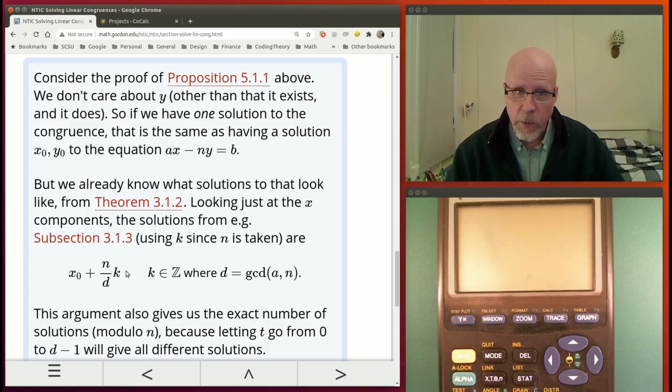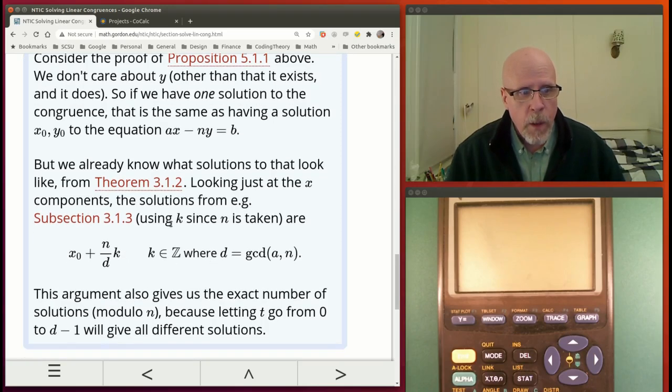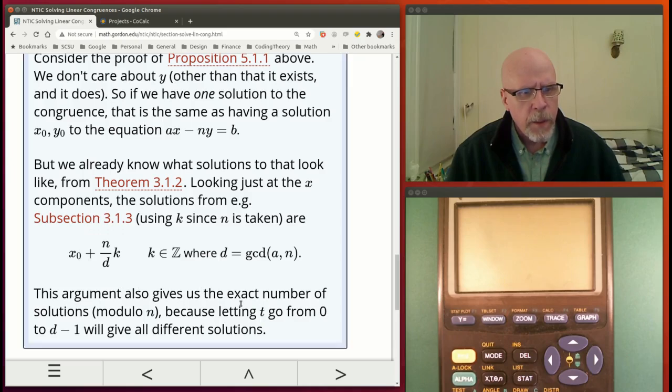It's a value between 0 and n. So what happens, and here's where the typo is, he wrote t rather than k right there. But you just let t go from 0 to d minus 1. Let k go from 0 to d minus 1. In other words, there are d solutions.